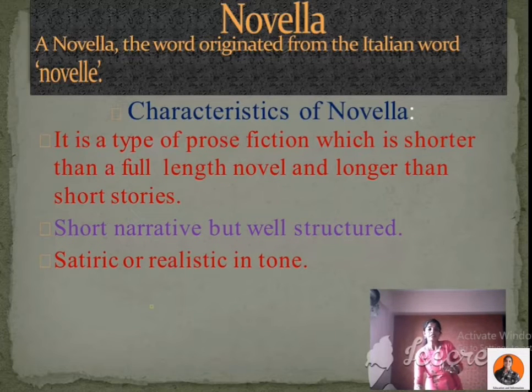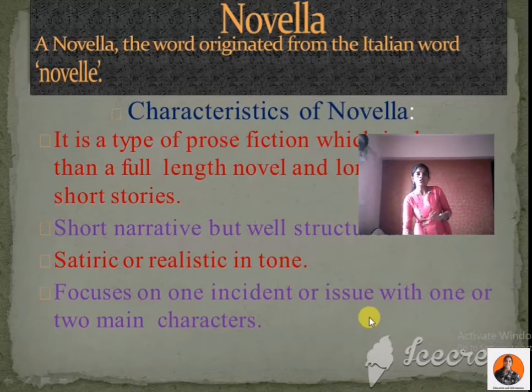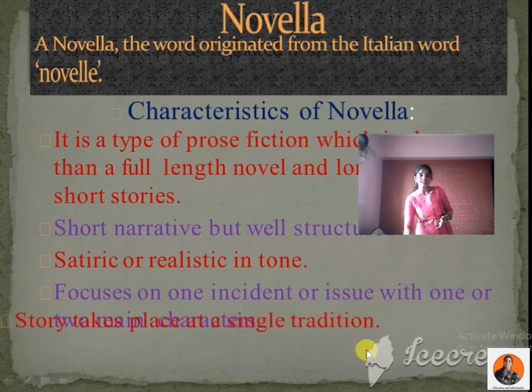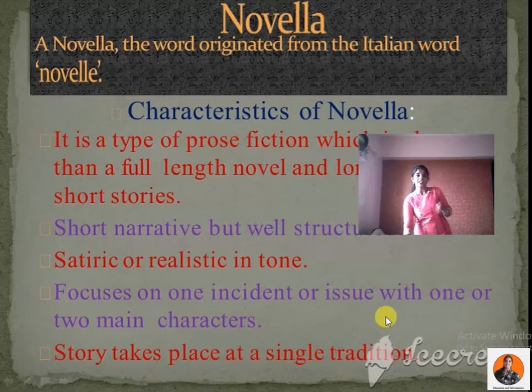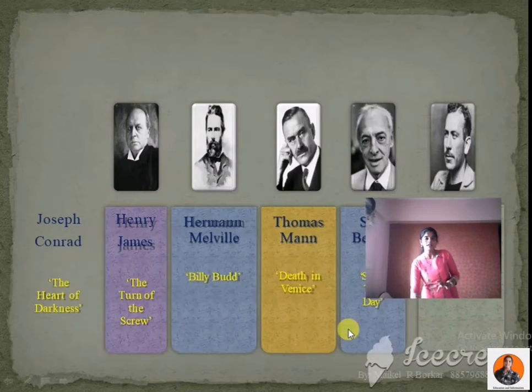satiristic or realistic in tone, focuses on one incident or issue with one or two main characters. And the last characteristic of a novella is that the story takes place in a single setting. It's nearby, close to the novel, but not a novel, not a short story. It is in between the short story and the novel.